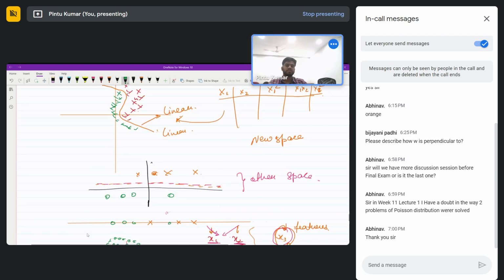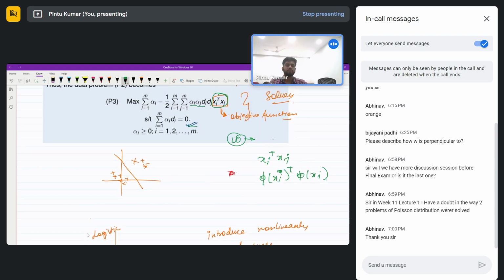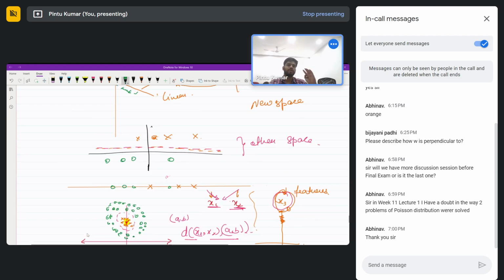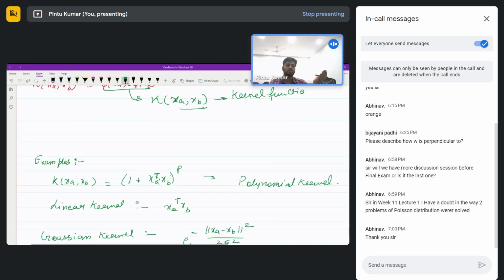So instead of this xi transpose xj in your maximization, we replace this by kernel of xi and xj, and then we maximize or minimize this to obtain our hyperplane, and the hyperplane that we'll obtain is non-linear.